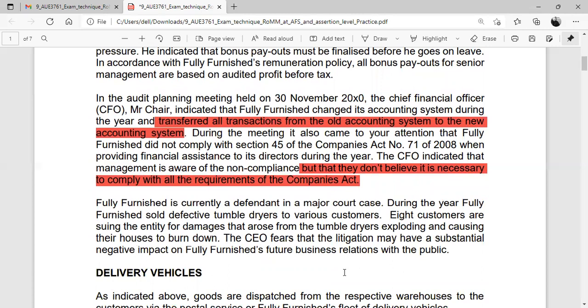Couldn't the fact that they don't believe in complying with the Companies Act also be a risk, that there are other procedures or requirements that they were supposed to follow that they didn't, which results in our financial statements being materially misstated? Absolutely. Non-compliance with the Companies Act goes to show that generally these people lack integrity.